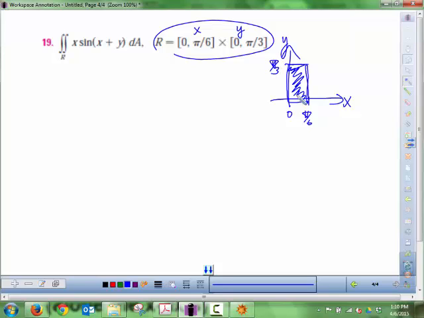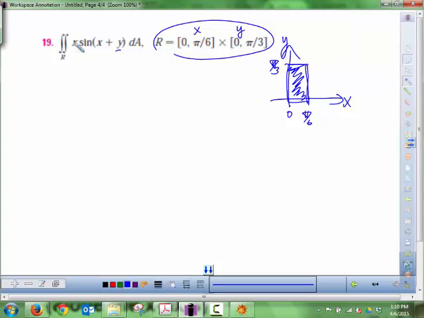All right, so we can decide what to integrate with respect to first. Do you have a preference just by looking at the integrand, what's inside of the integral? Yeah, maybe y first, so I could treat x as a constant, and then I'll deal with x later on.